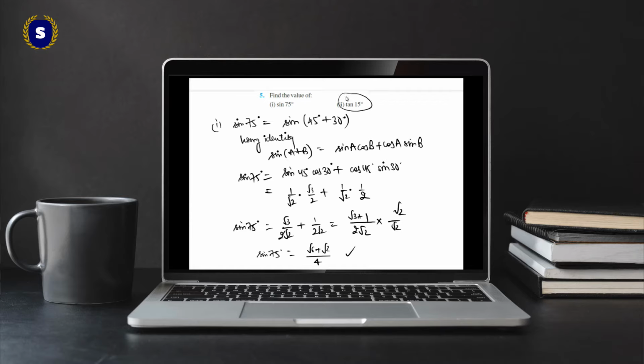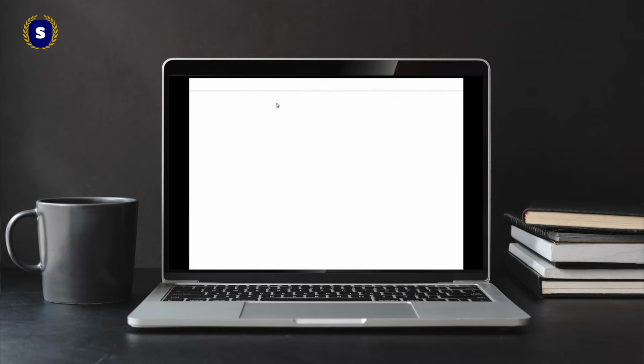Now we need to calculate the value of tan 15. Let us do this. Here, instead of adding those angles, we can subtract: tan of 45 minus 30 degrees. Now we need to use the identity of tan A minus B. Using the identity, tan A minus B is equal to tan A minus tan B upon 1 plus tan A tan B, right?